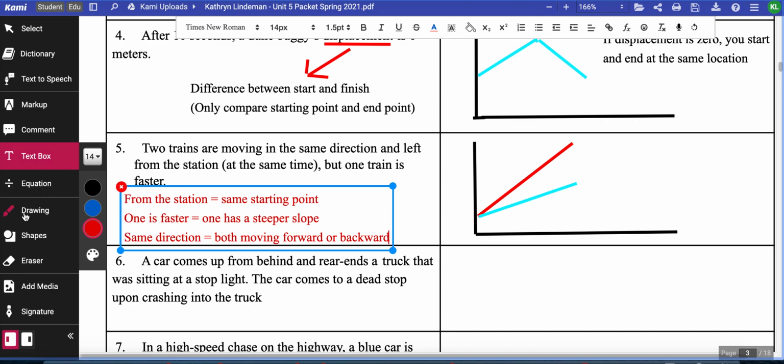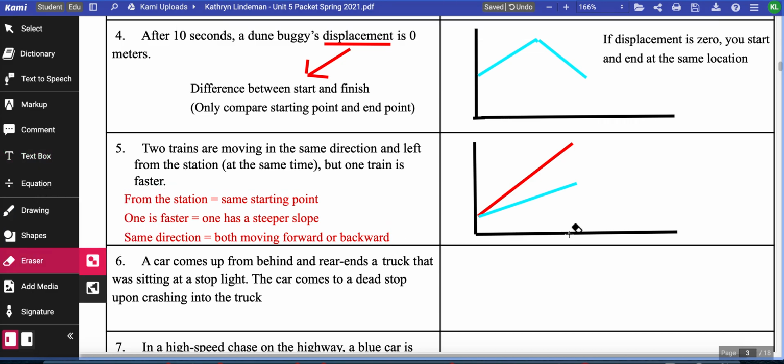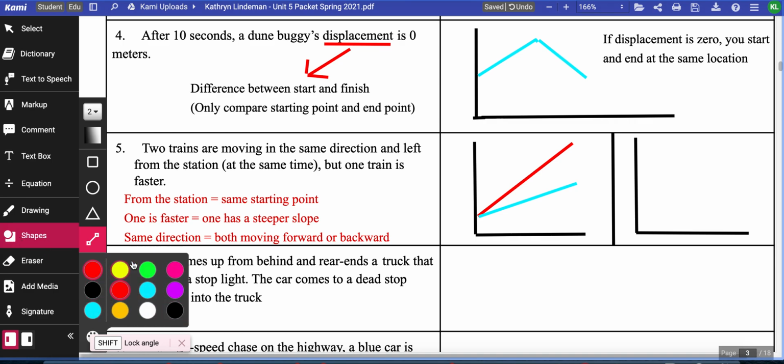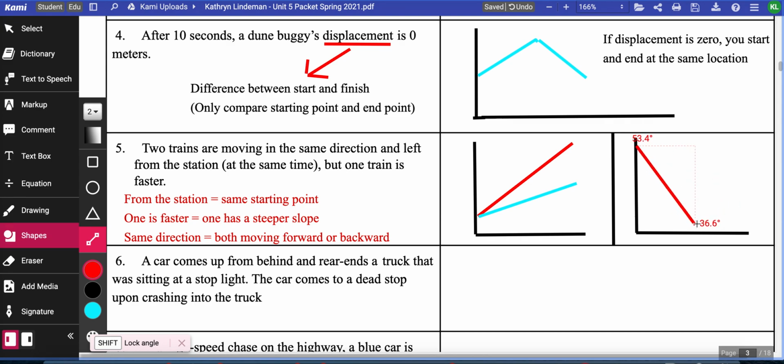So for this example, let me just erase that line and shorten it a little bit. So this is one way to answer this. Another way to answer this would look like this, where both are moving in the same direction from the same starting point.